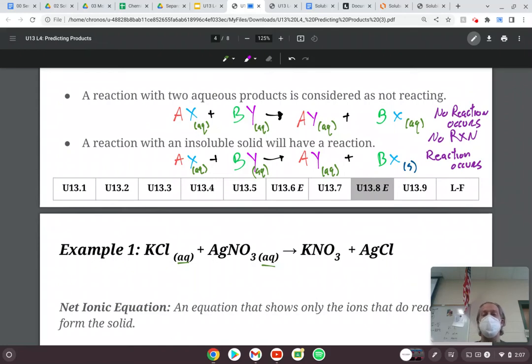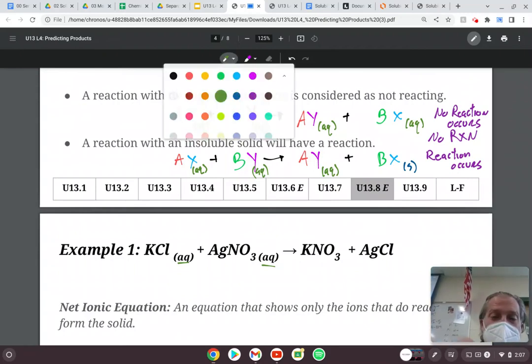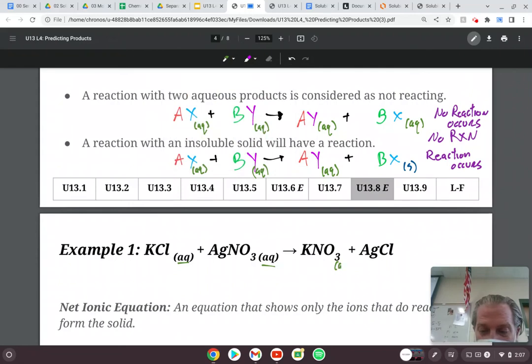So in this case, the letter K, the element potassium, is a group 1 metal. So that means rule number 1 is true, and it says that they're soluble. If they're soluble, that tells me this product has to be aqueous because of rule number 1. So now I know the state of matter for the first product.